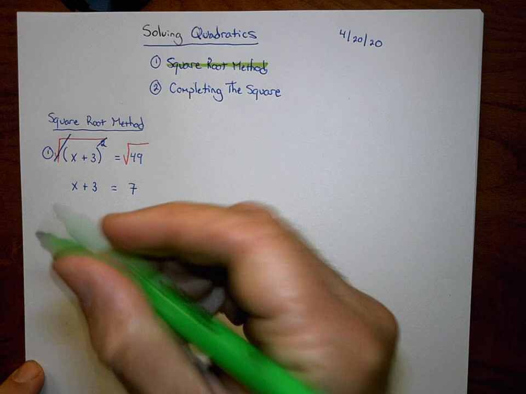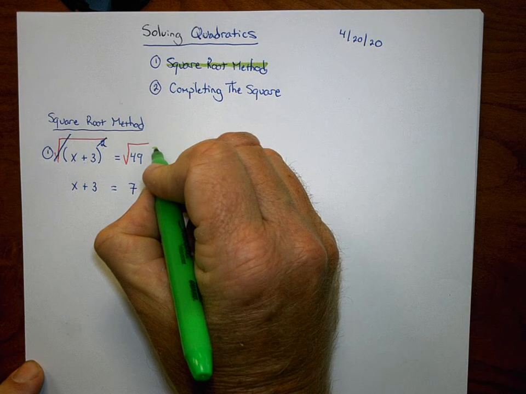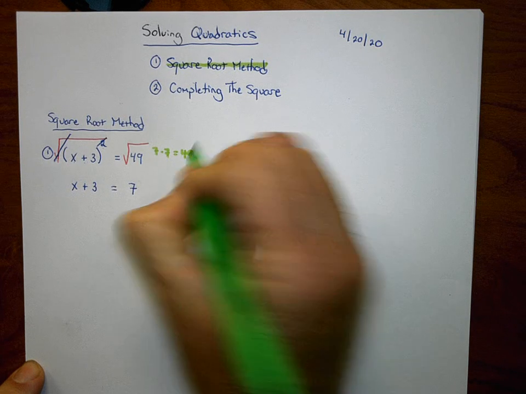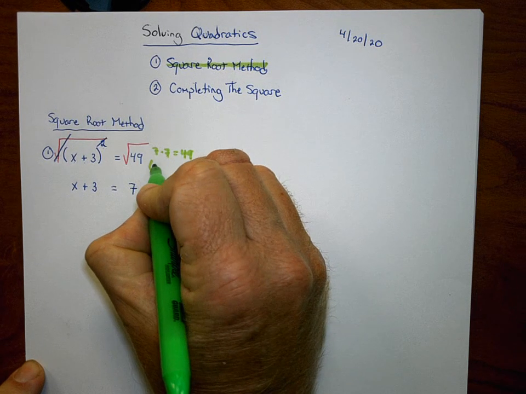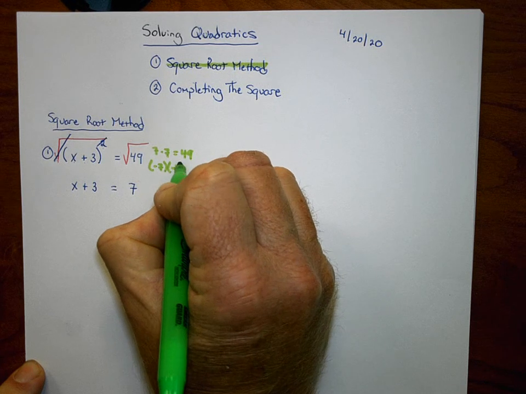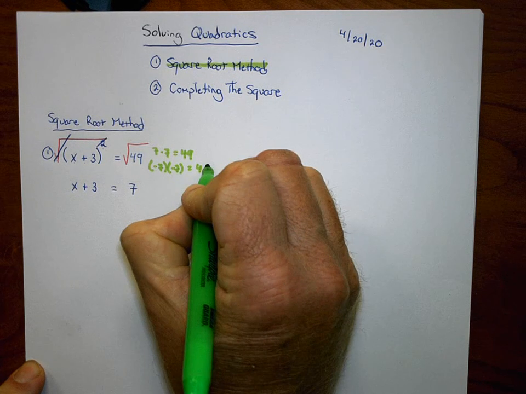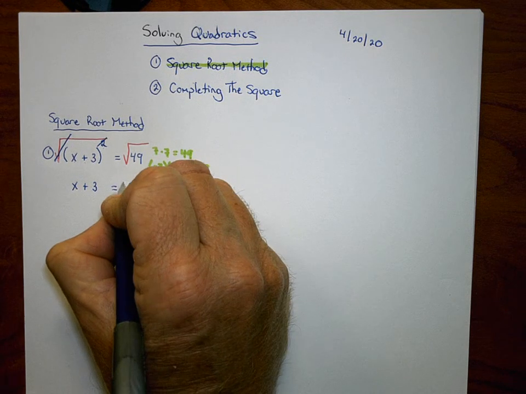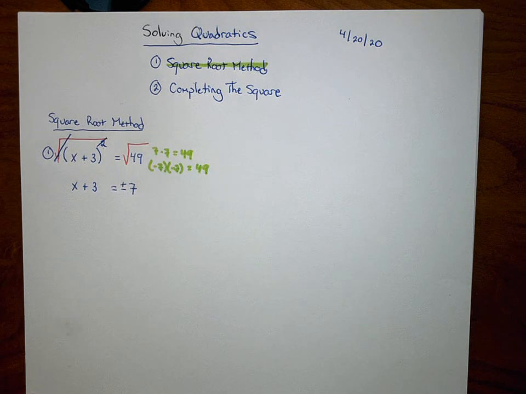Well, remember that 7 times 7 is indeed equal to 49, positive 7 times positive 7. However, negative 7 times negative 7 is also equal to 49. So we say that the square root of 49 is equal to positive or negative 7.